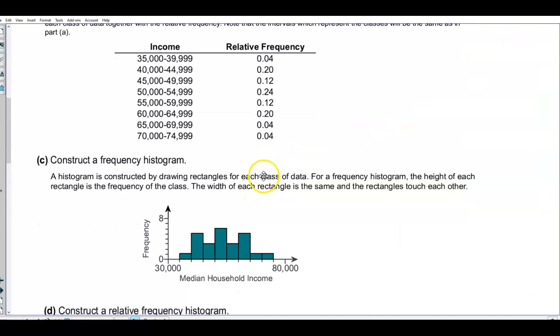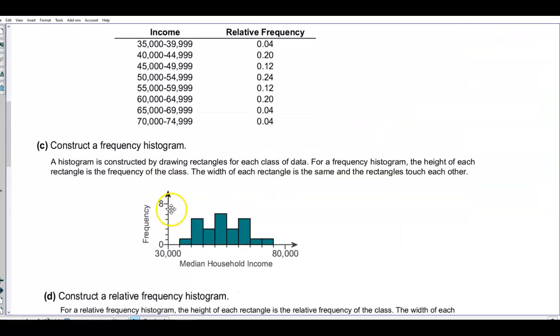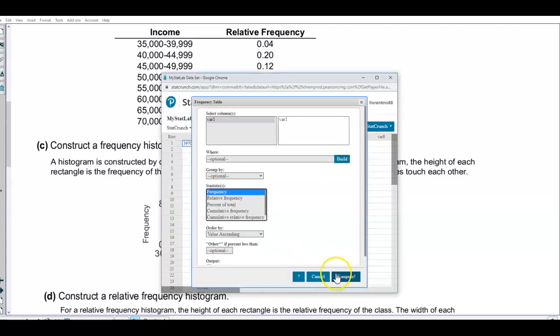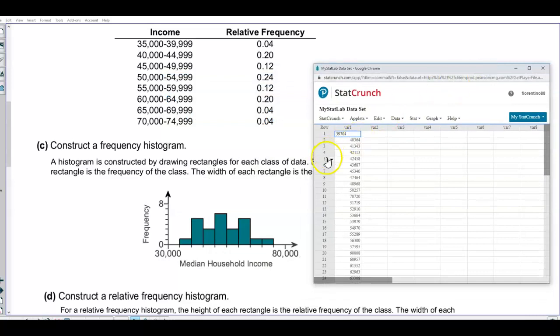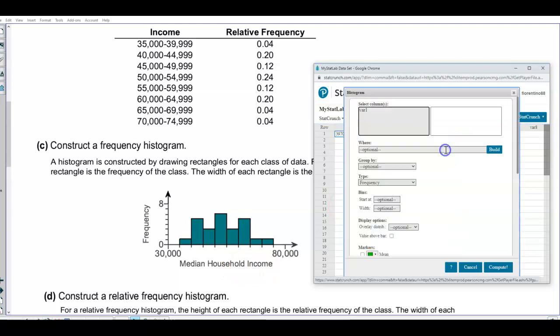Now we want to construct a frequency histogram. So we're going to go back to StatCrunch and use that data. We have the data pulled up, and we want to make sure we have our lower class limit and our class width, and the median household income. Let's go to Graph, Histogram, select our variable, and choose frequency. Our lower class limit is 35,000, and our class width is 5,000.